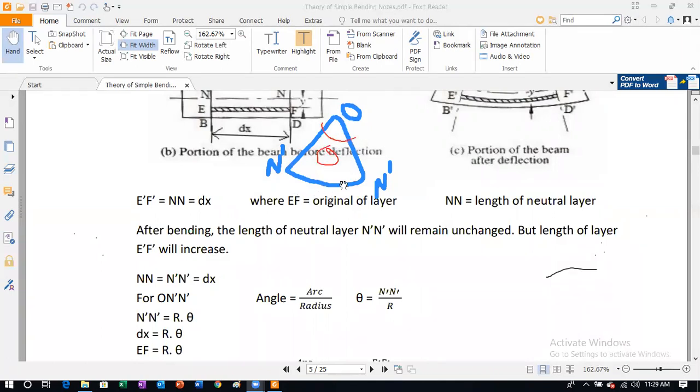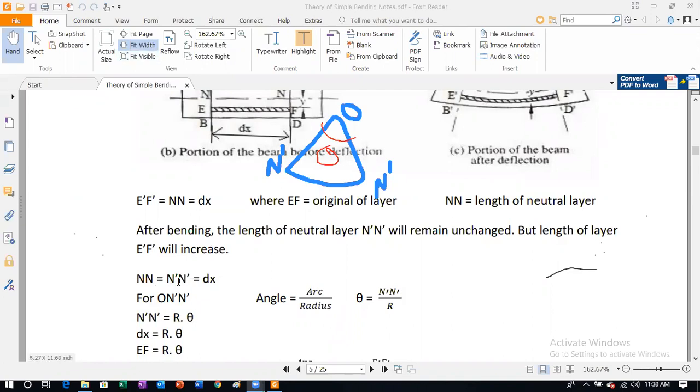Angle is equal to arc divided by radius, so arc is equal to angle multiplied by radius. So theta is equal to N dash upon R, and therefore N dash is equal to R theta. Clear?